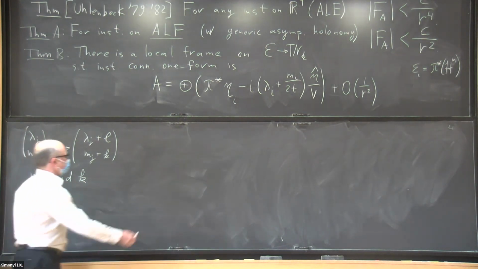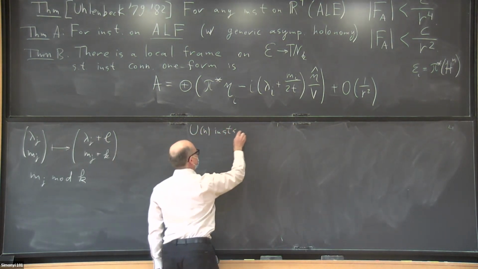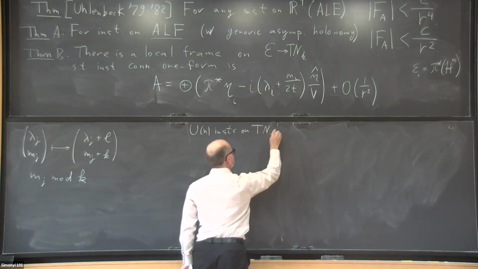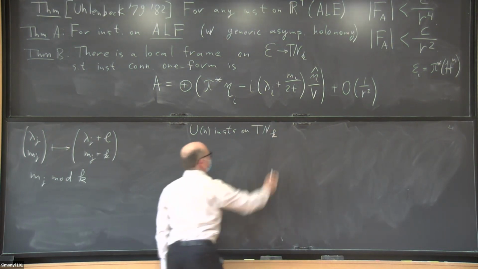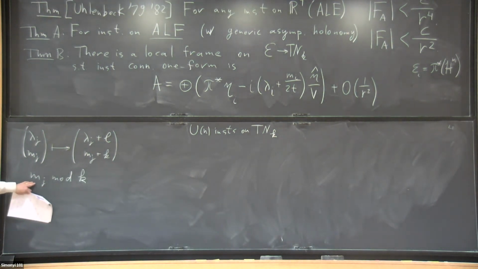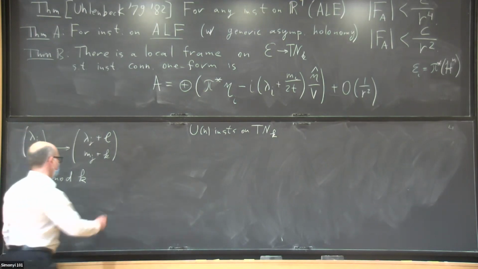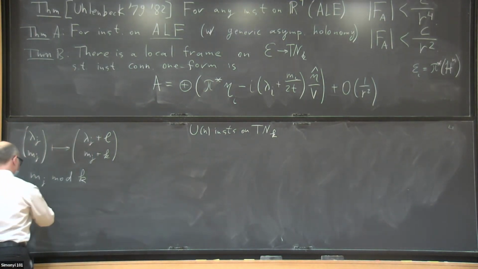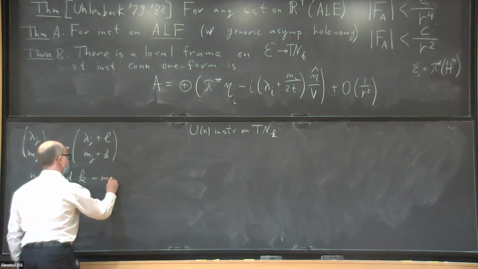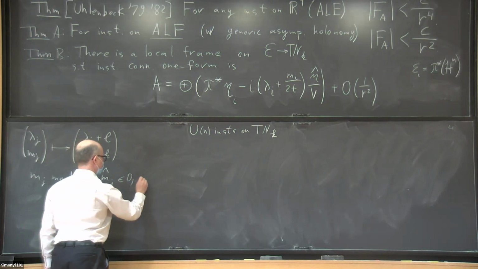So if we are studying, just to remind you, U(n) instantons, and by looking at infinity, what did we get? We obtained n different numbers for each eigenvalue of U(n). We get n different numbers, which are really well defined mod k. We have some m_j hat, so each m_j hat is between 0 and k minus 1.